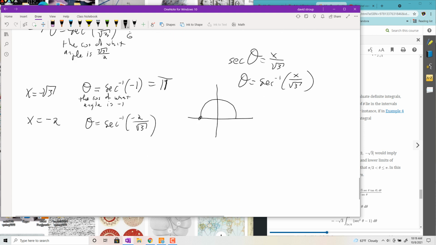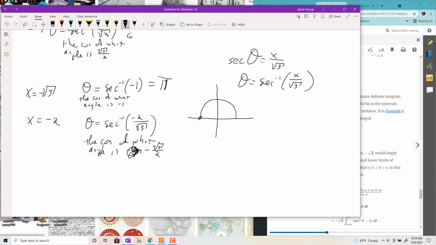And then for the second angle, I'm asking myself the cosine of what angle is negative root 3 over 2, right? So you just take the reciprocal. And you don't want to pick the one in the fourth quadrant. You want the one that's in the second quadrant.